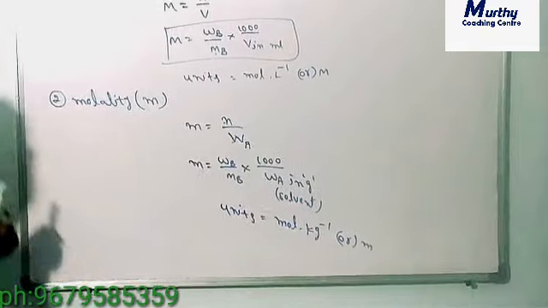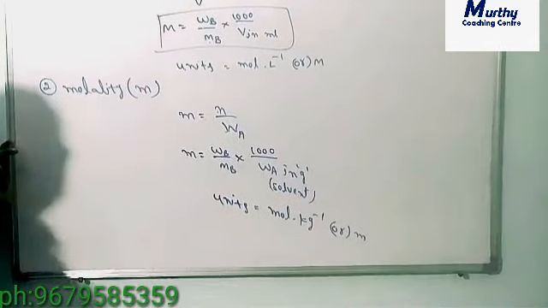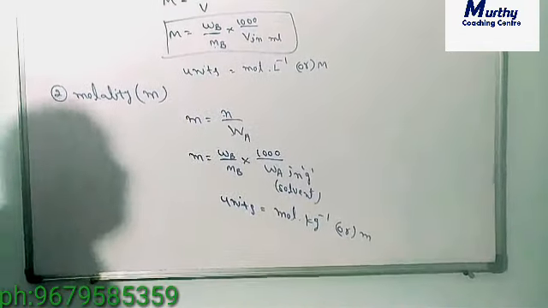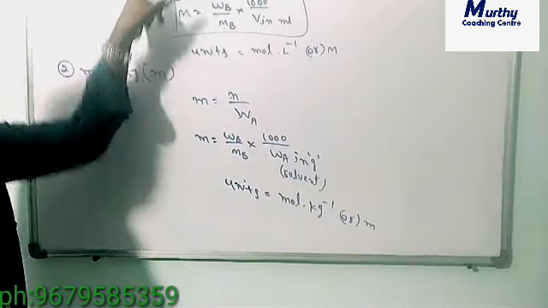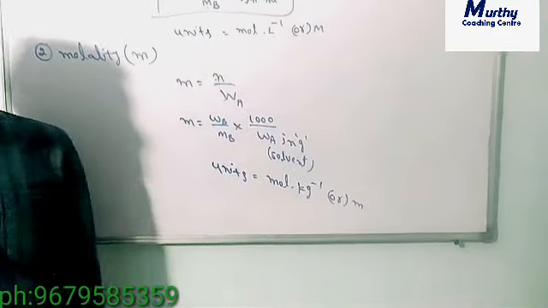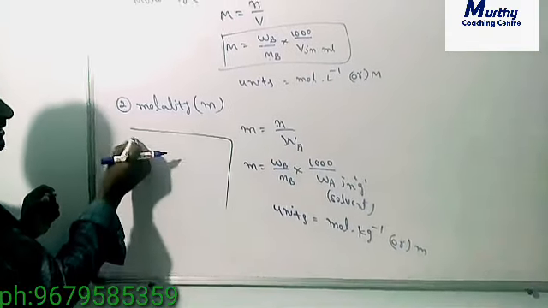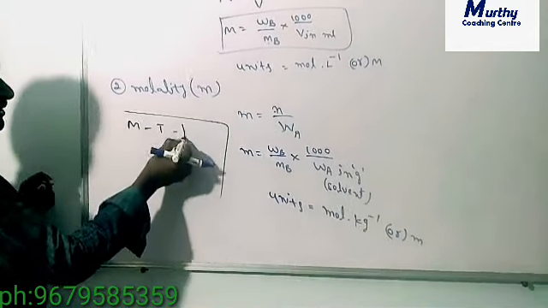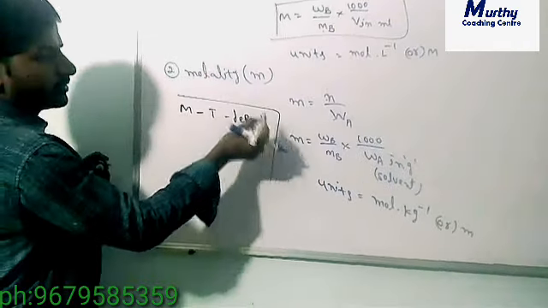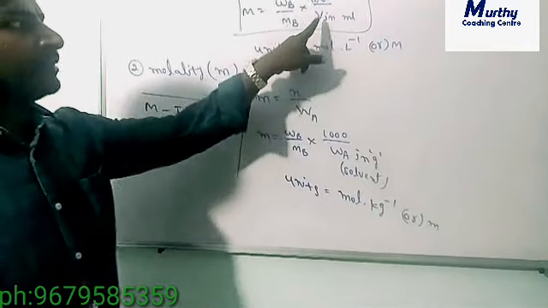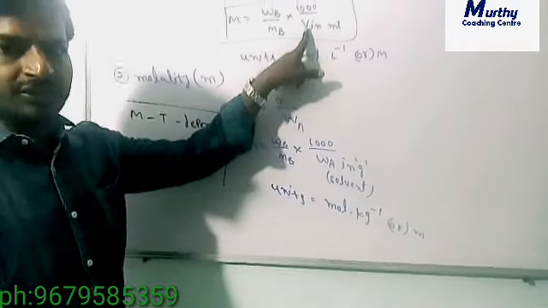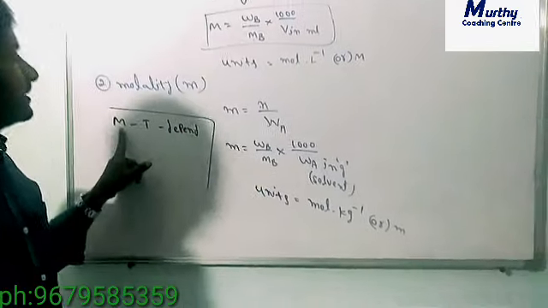Now the question is: out of molarity and molality, which one is temperature dependent? Molarity is temperature dependent, because by changing the temperature, the volume of the solution changes. That's why molarity changes.